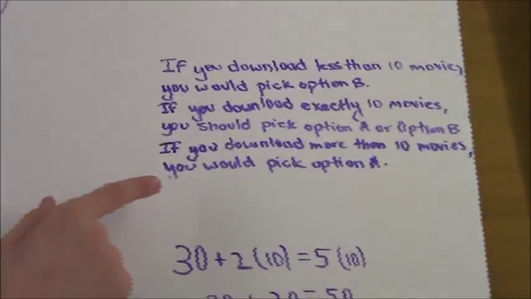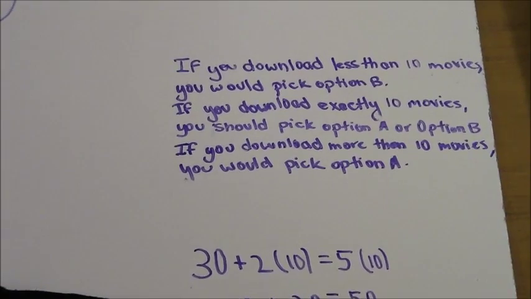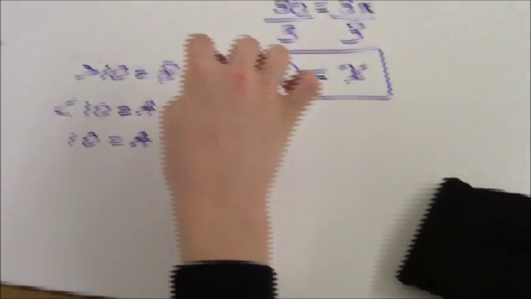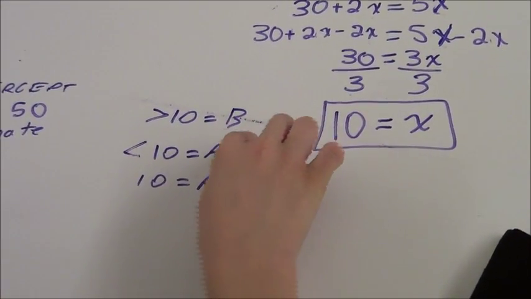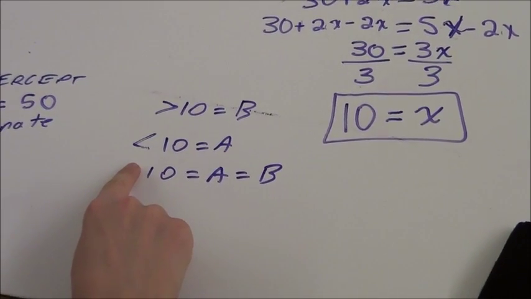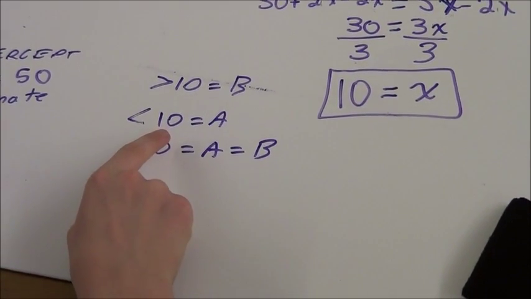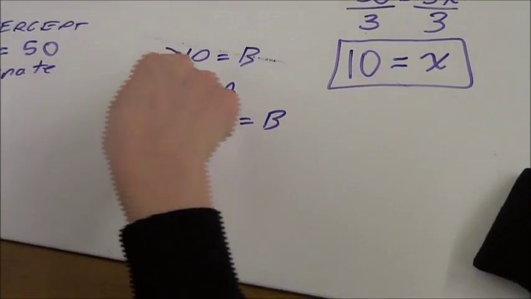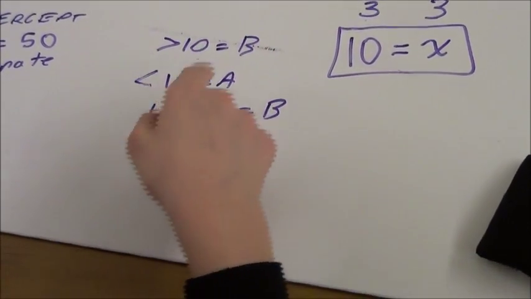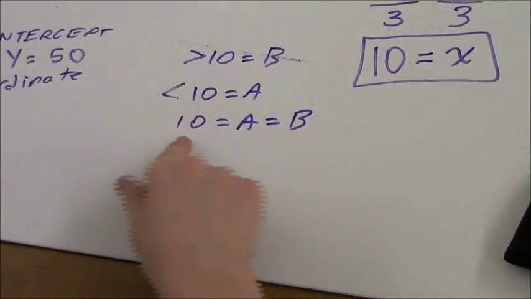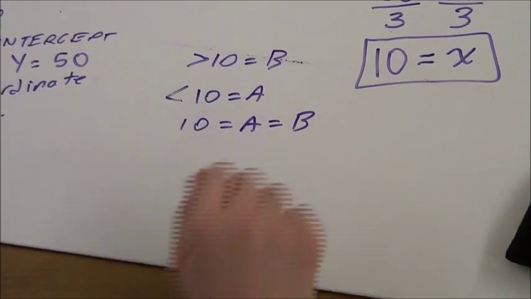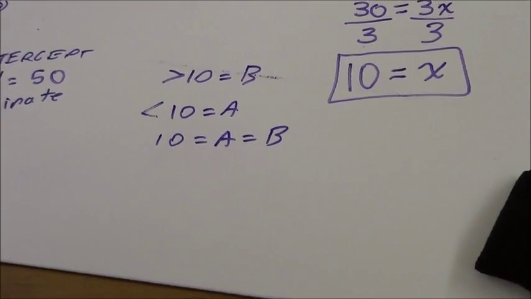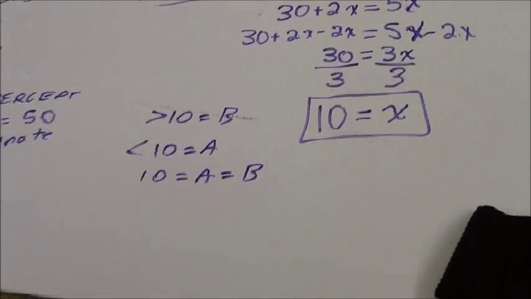And then we summed it up and said, if it was less than 10, you would choose option B. Greater than 10, option A. And if it was just 10, you would pick option A or option B, because it would be the same amount of money to download 10 songs.